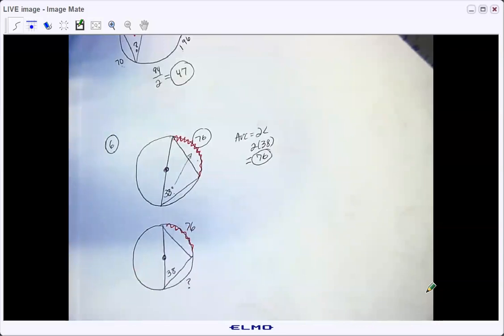Put it in the chat box. Find the other arc and put it in the chat box. Good, Alyssa's got it. This is what we were doing last week. Think about how big a half a circle is. Good. Nice. It's not 284. You subtracted from the wrong number.